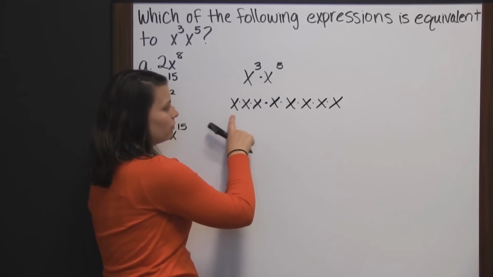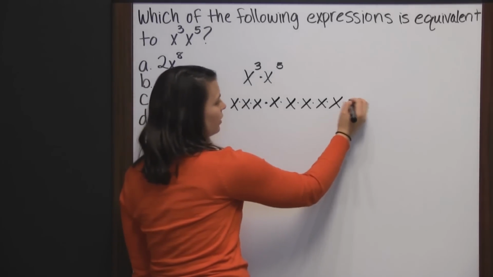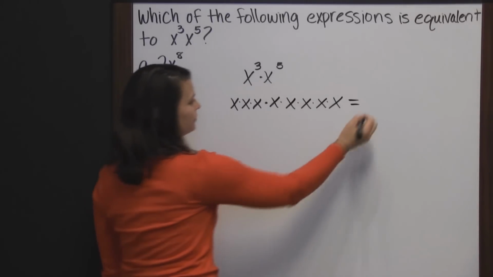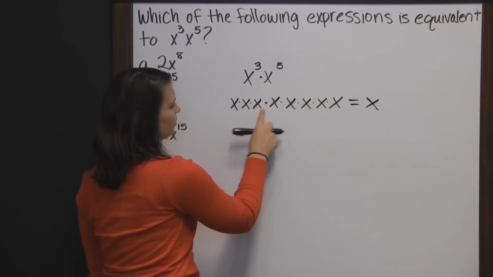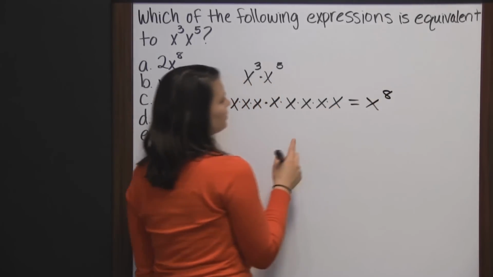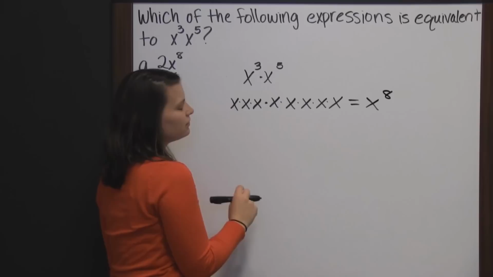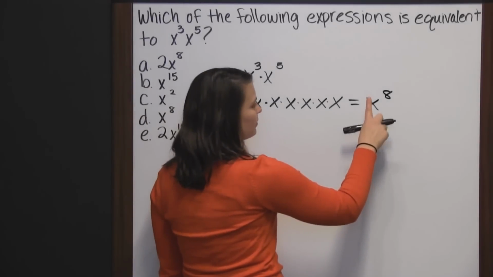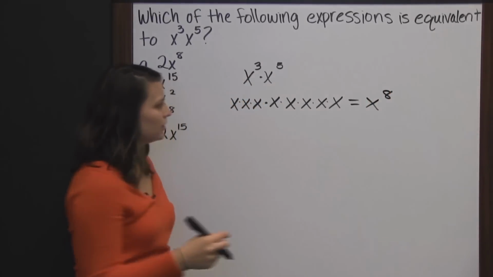So really, we're multiplying x times itself a total of 1, 2, 3, 4, 5, 6, 7, 8 times. So x cubed times x to the fifth is the same as x to the eighth.